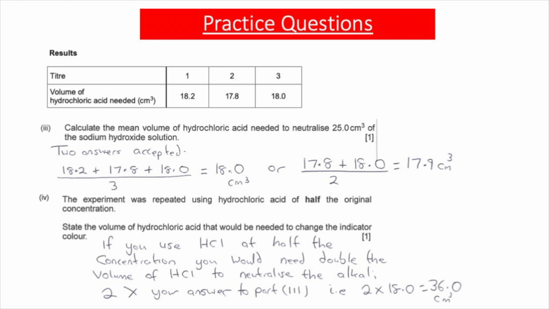So all you need to do is double your answer to part 3. So therefore, if you had an answer of 18.0, you would need 36.0 centimetres cubed of hydrochloric acid to neutralise the alkali. Now if you had a volume of 17.9 in part 3, you would just double that, which would give you a volume of 35.8 centimetres cubed.